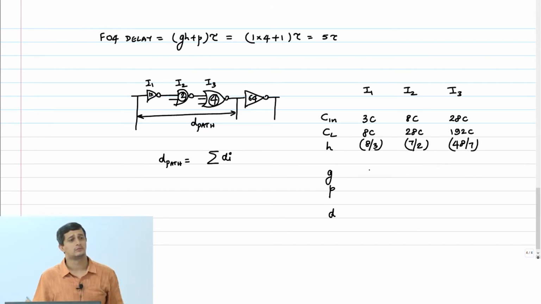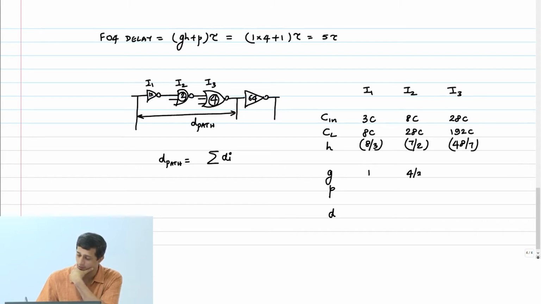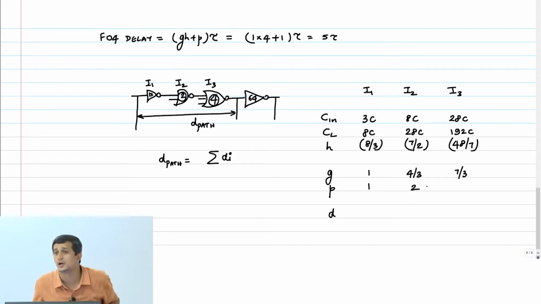Now what's the logical effort? G for I1, 1. I2, it is 4 by 3. I3, NOR 3, 7 by 3. Parasitic delay: 1 for the inverter, for I2, 2, for I3, 3, correct?